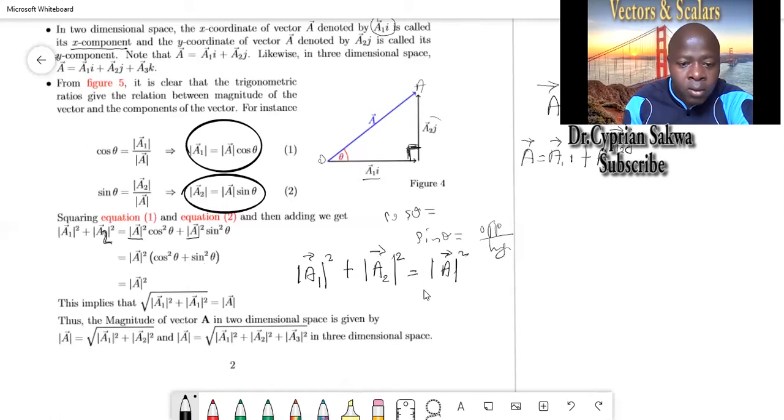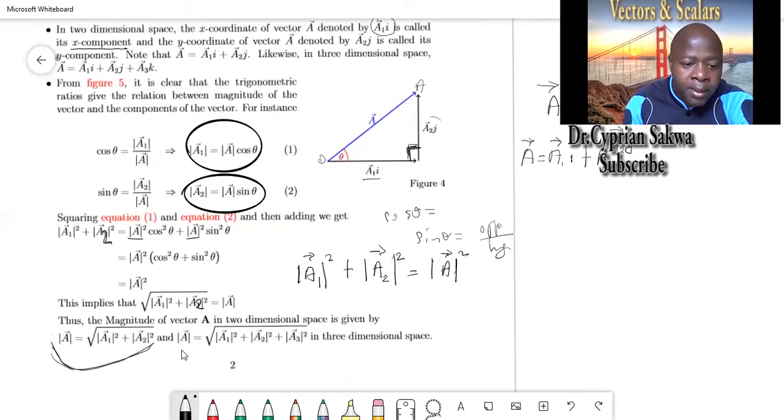If I take the square root on both sides, this is what I arrive at: the magnitude of vector A equals the square root of the magnitude of the x component squared plus the magnitude of the y component squared. Therefore, the magnitude of vector A in two-dimensional space will be given by this.